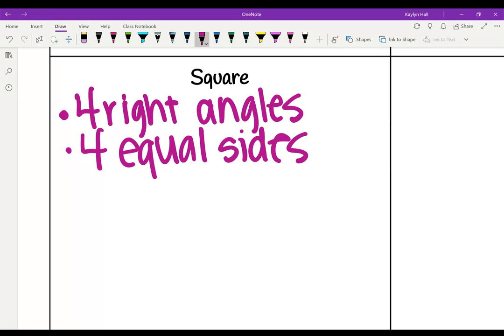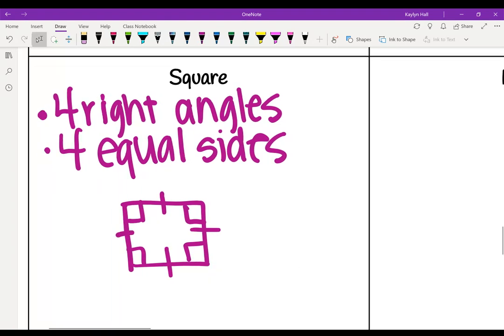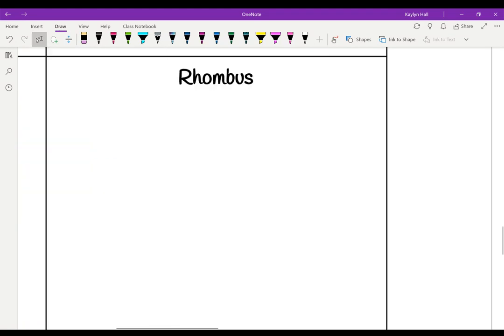So square, all the sides are the same length. So this is not going to be a very good square. Yeah, that's more a rectangle, but we'll pretend. 4 right angles, and this side is equal to this side, is equal to this side, is equal to this side. And that's a square.